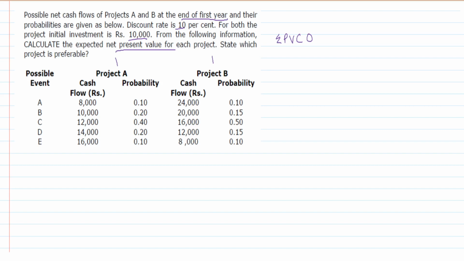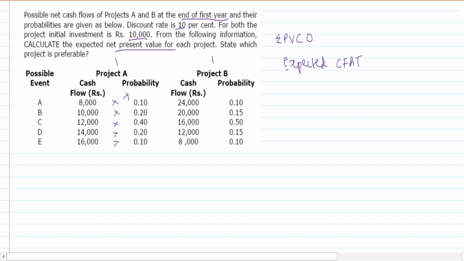So what we will do is, whatever cash flows they have given, we will multiply with their corresponding probabilities and take a total. That will give us expected CFAT, expected cash flow after tax, or simply expected cash flow. You can even call it bar CFAT.